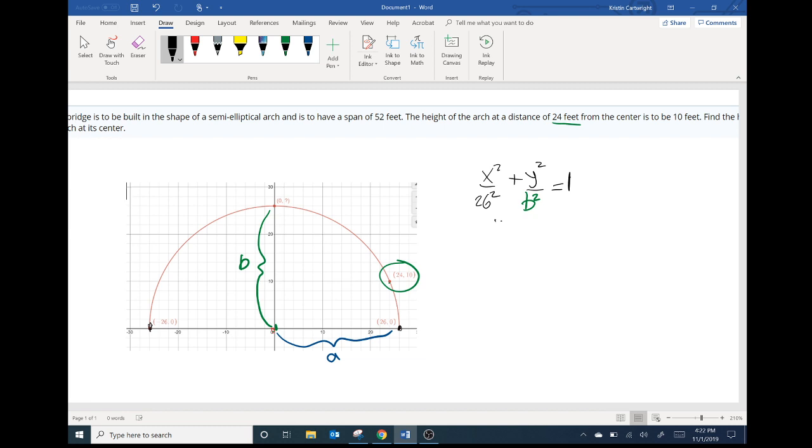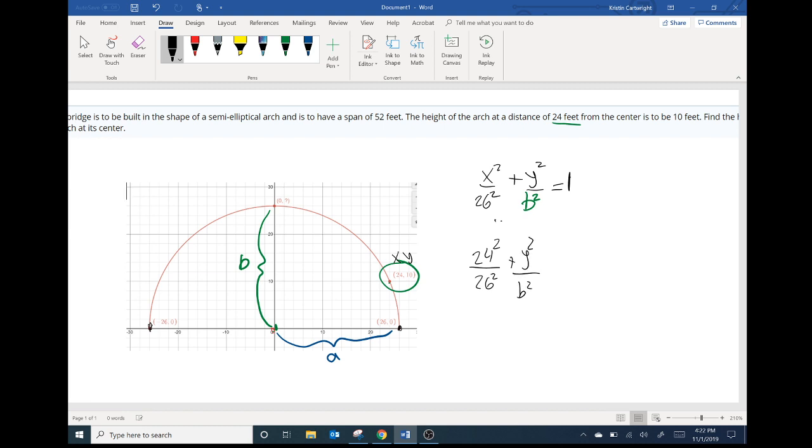I'm going to plug in my x and my y in the x and y spot of the equation, and then you'll be able to solve for b. So 24 squared goes in the x spot, 26 squared down here.